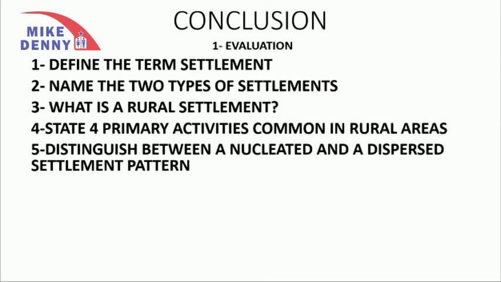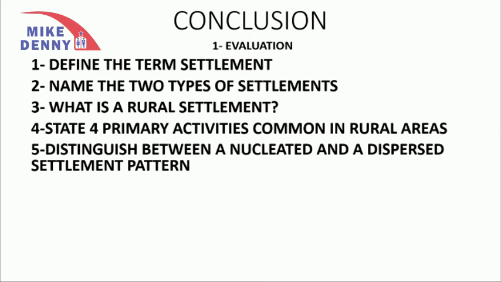Thirdly, you know what a rural settlement is all about. And then you can also state 4 primary activities common in rural settlements. And finally, you can distinguish between a nucleated and a dispersed settlement pattern.